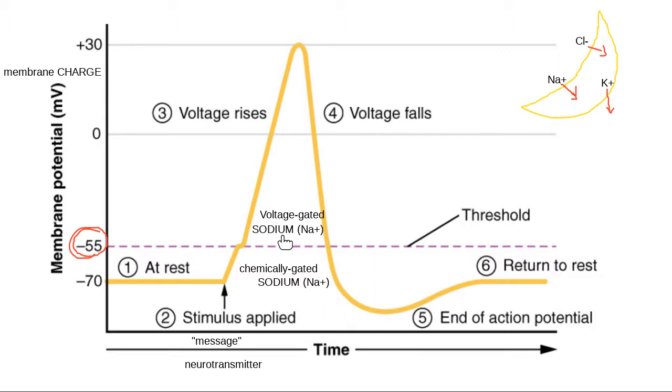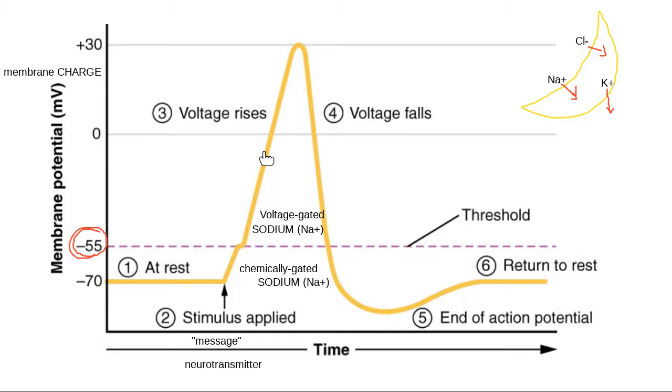Which way is sodium moving again? Does sodium go in or out with those channel proteins? Yeah, sodium's coming in, right? And sodium still has a positive charge. Sodium's still a cation. When I open up these voltage-gated sodium channels, this neuron is committed. Like, we're going for it.